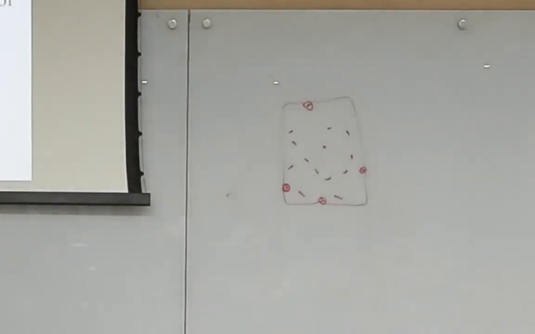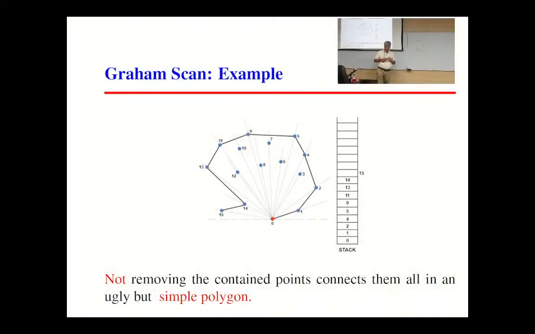What did the Graham scan algorithm do? It starts from one point that's on the hull. It sorts all the points according to their angle around that point.